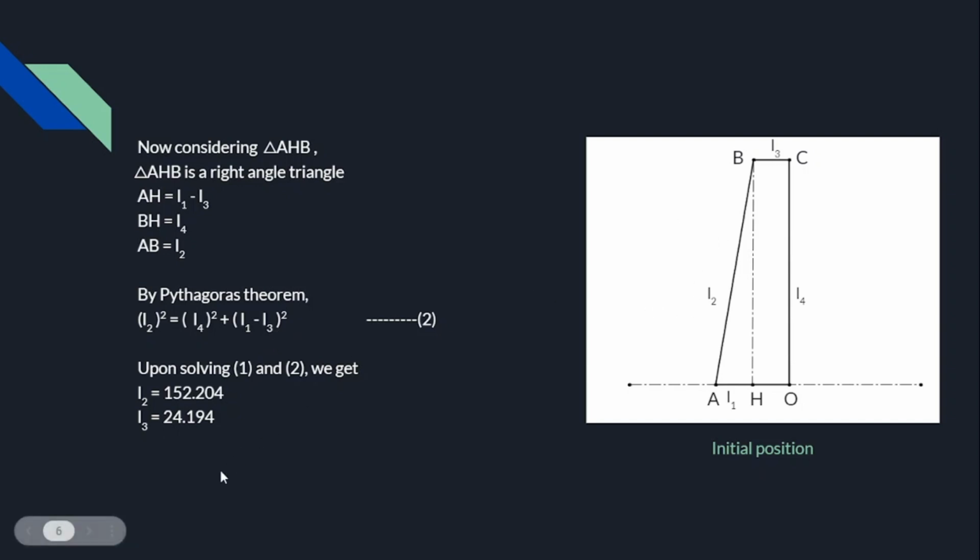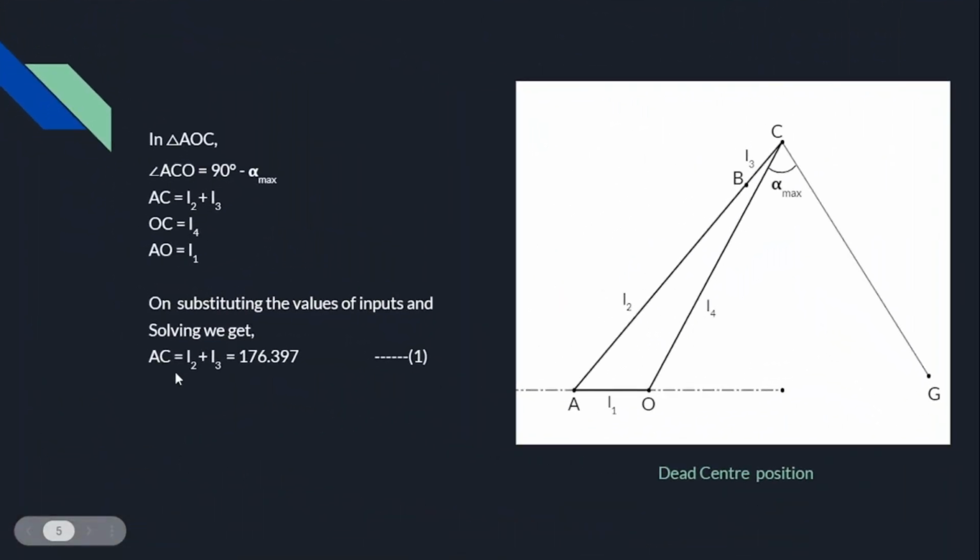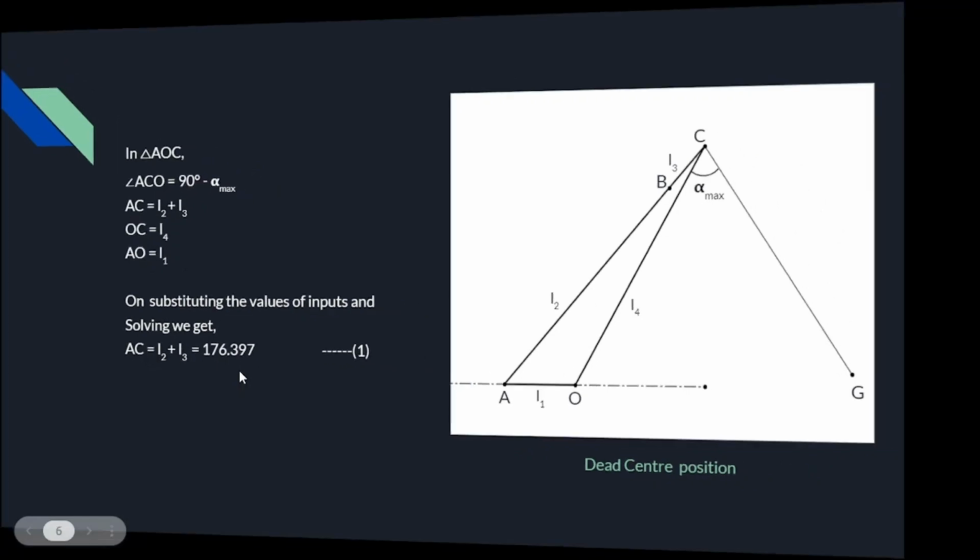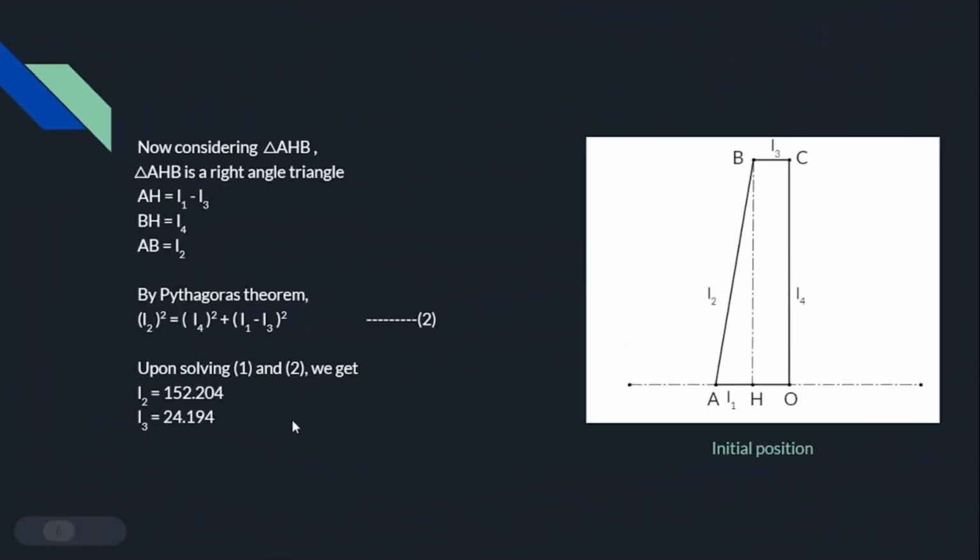From equation 1, we were able to obtain the value of L2 plus L3 using these equations. Now we can find the values of L2 and L3 separately to be these values. So with this we have come to an end of the synthesis process.